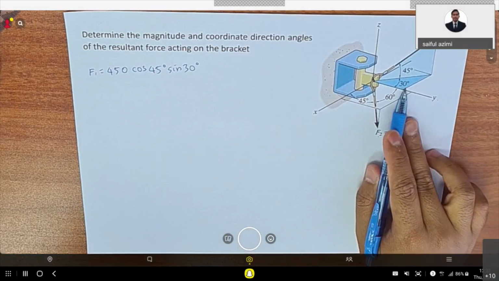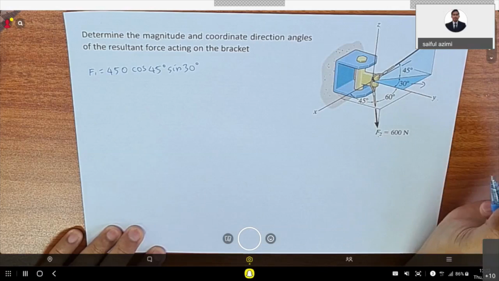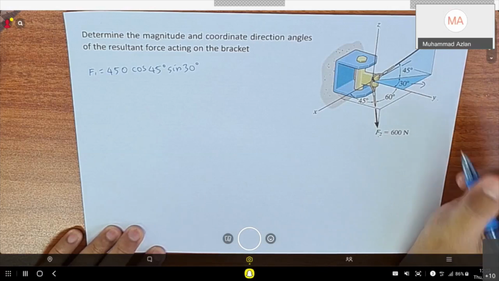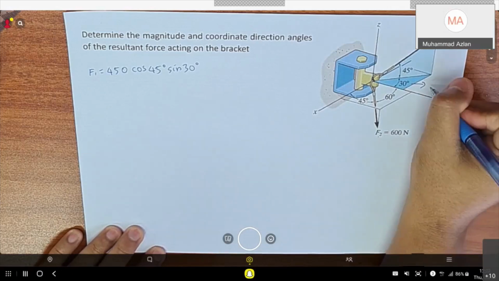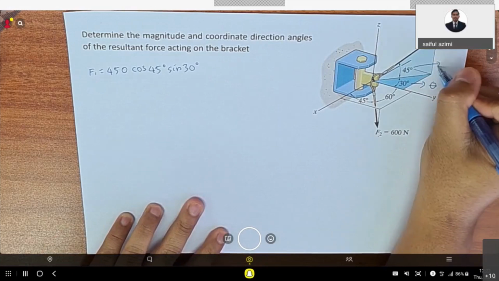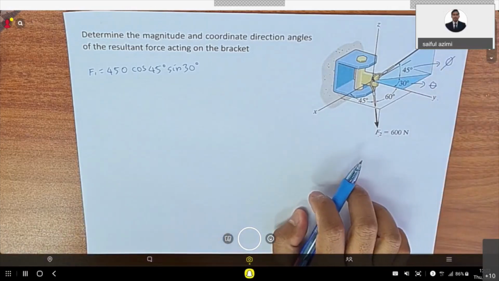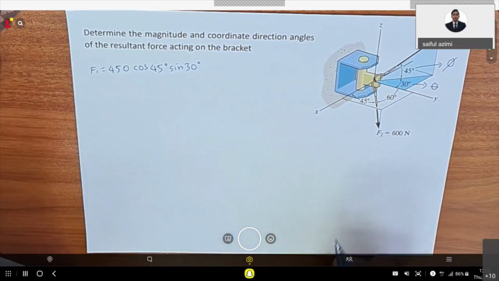So what is actually 30 degree? What does it represent? Theta, sir? Theta or phi? Theta. 30 degree is theta, and 45 degree is phi. You can refer to the formula.